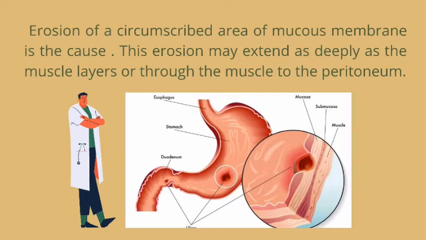You can see in the picture how it is shown. The erosions can be so deep that they go through the submucosal area to the muscle layer, and simultaneously reach the peritoneal area. So whenever someone gets a peptic ulcer, erosions form in the stomach area, a wound-type lesion, and that wound is very deep. It affects the muscle layer, crosses it, and even reaches the peritoneum area.